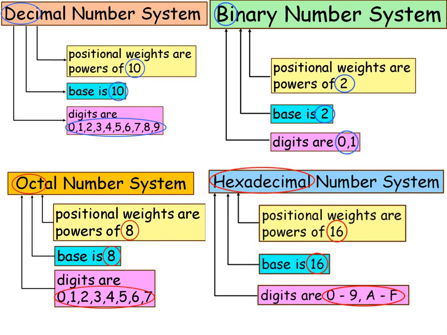In the octal number system, the positional weights are powers of 8, the base is 8, and the digits are from 0 to 7. The hexadecimal number system has positional weights, powers of 16, its base is 16, and there are 16 digits, 0 to 9 and A to F.